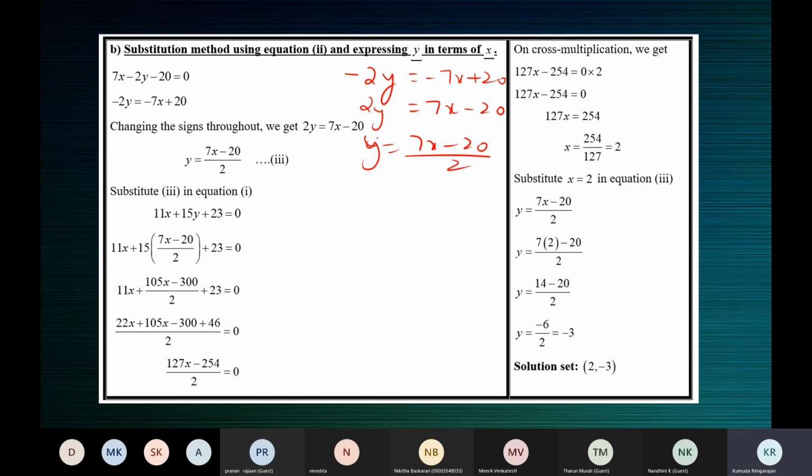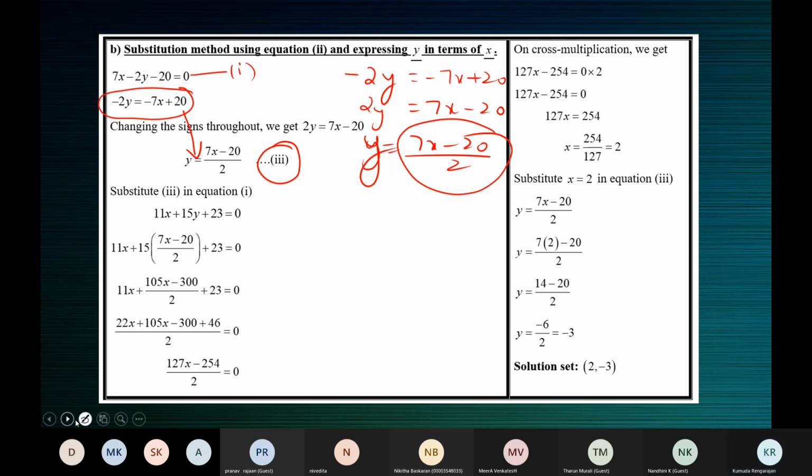That means we've written y in terms of x. How did we write y in terms of x? Using equation 2. Call this result 3. Now, which is the equation we have not taken up? We have not taken up equation 1.